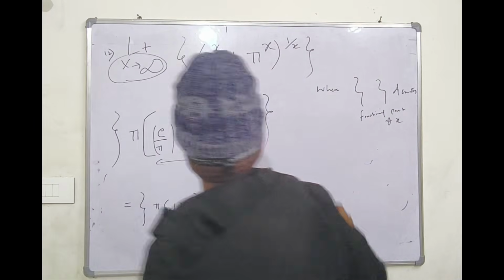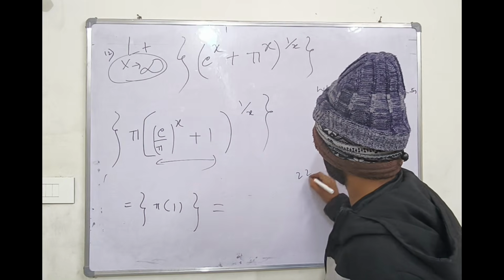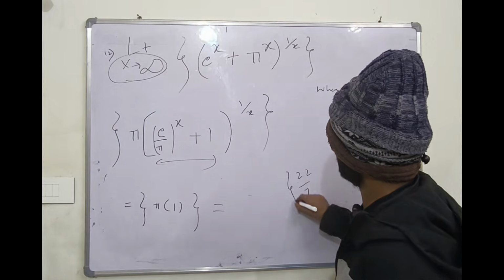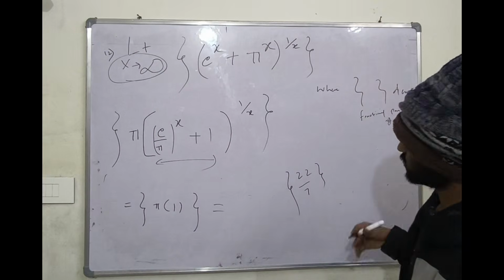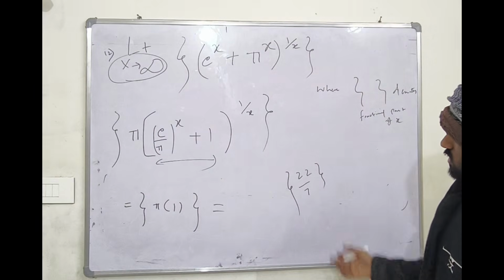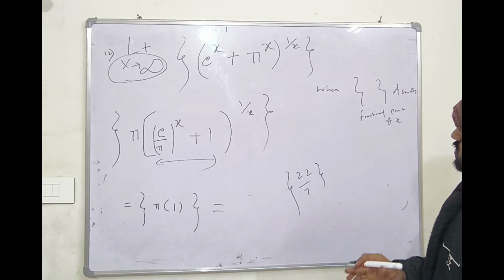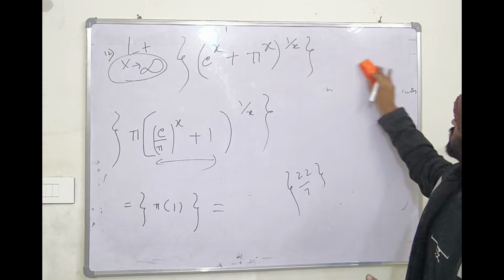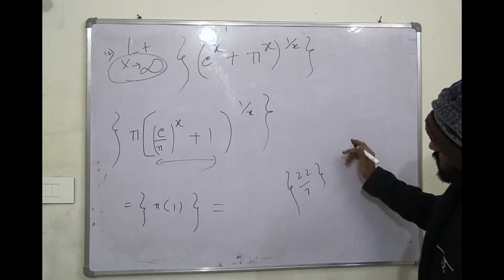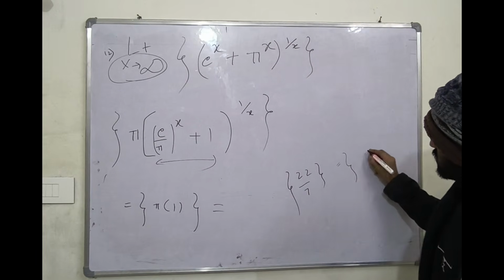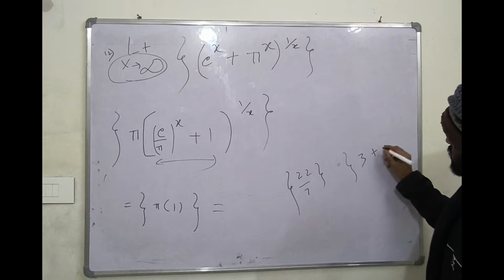Since pi is 22 by 7, what is the meaning of the fractional part of pi? It is the quantity which is just greater than the integer. You can write this as 3 plus 1 by 7.